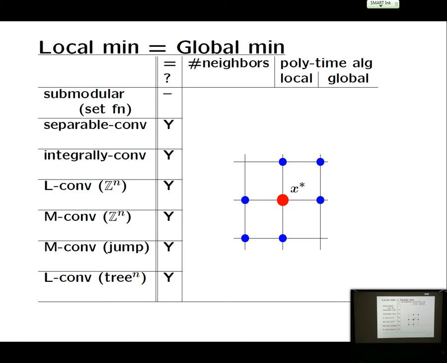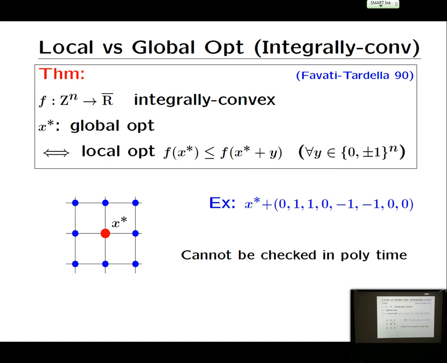Probably otherwise, people would not call this a convex function. For integrally convex function, the point x star is optimal if and only if it is optimal within this neighborhood, x star plus minus 0 vector. Actually, there are many such points, 3 to the n, and there's no polynomial time algorithm. But it's not surprising. This is okay.